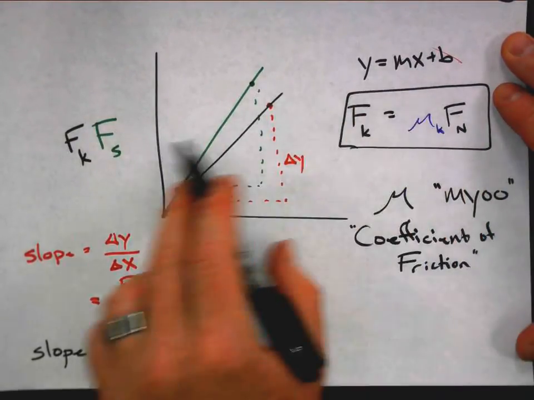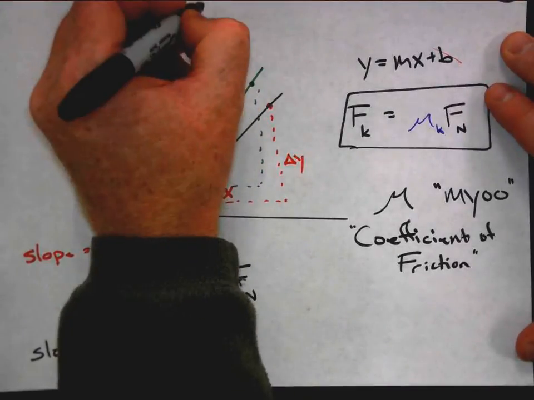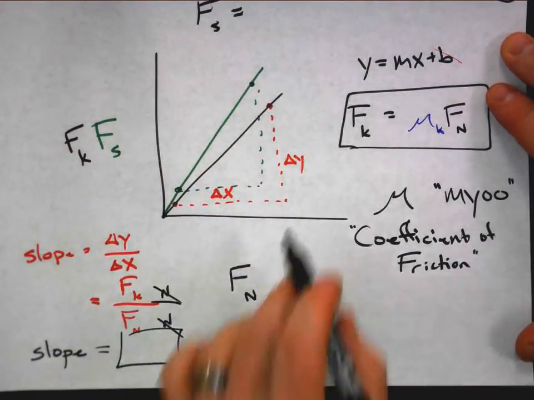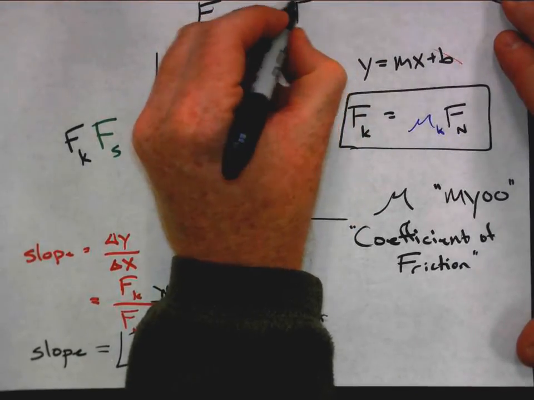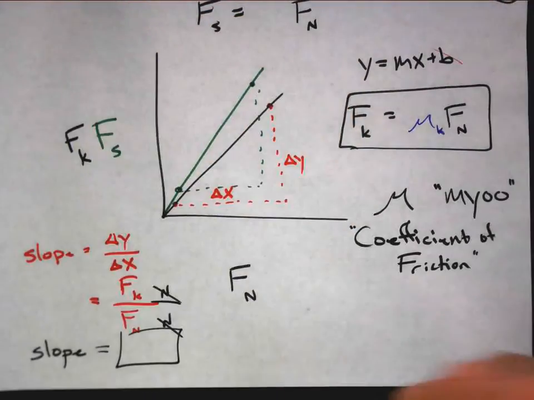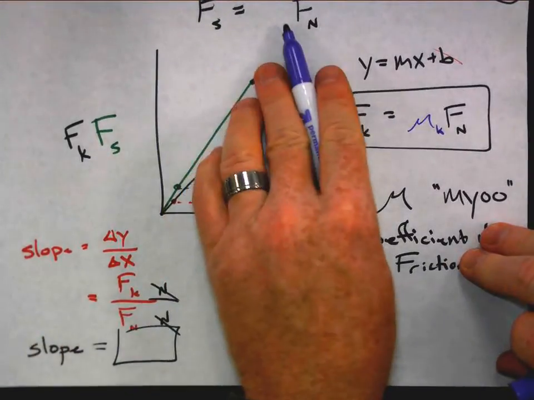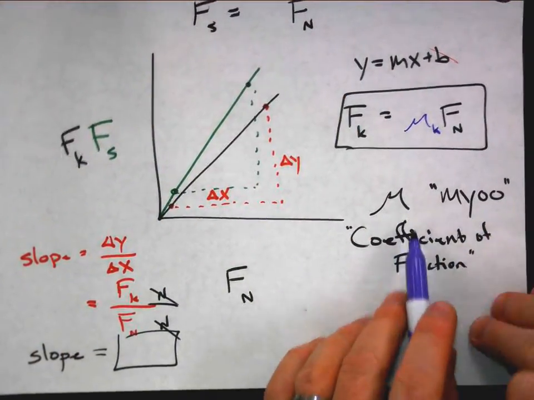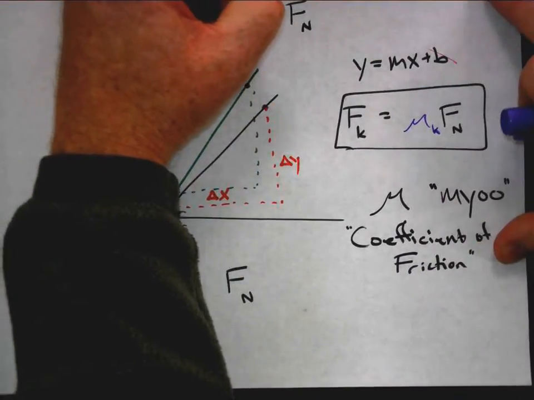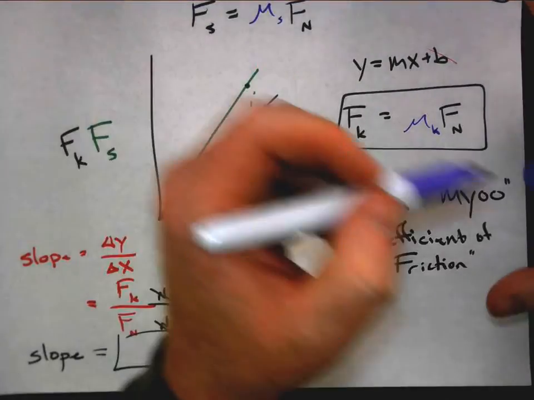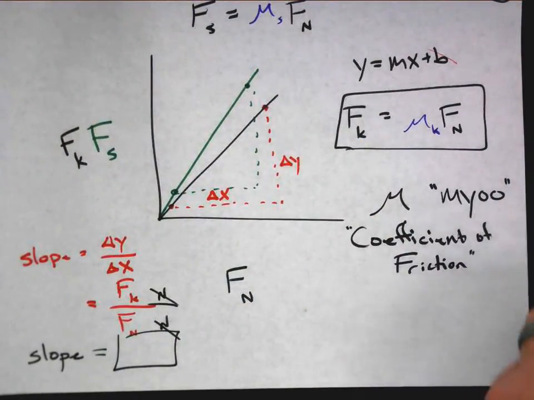The y values are still a friction force, but it's now static friction force, and the x values are still normal force. But now the slope of this line, the thing that goes in front of normal force, is still a mu. It's still a coefficient of friction, but it is not kinetic now. It's a static coefficient of friction.